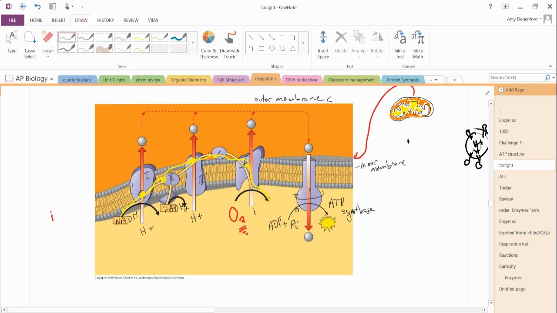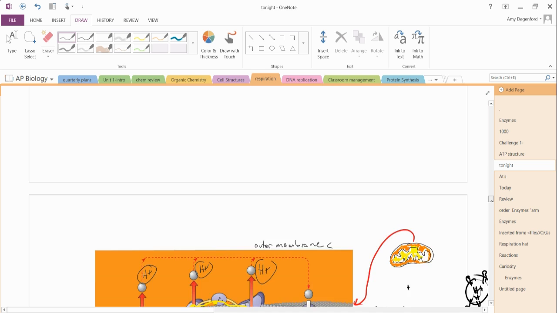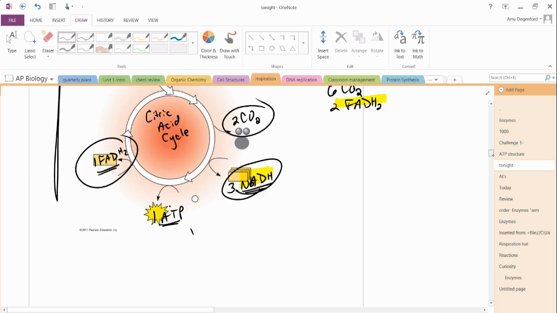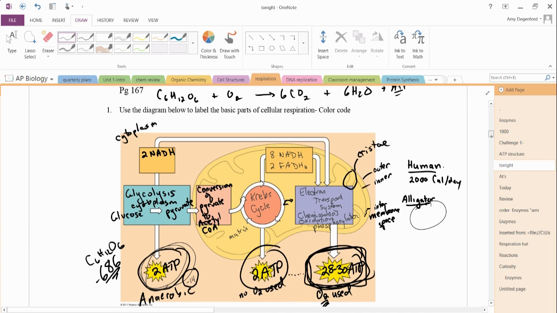So this is using that energy to take protons from the inside of the matrix to the intermembrane space. So they're being dragged over this membrane. Same here, same here.